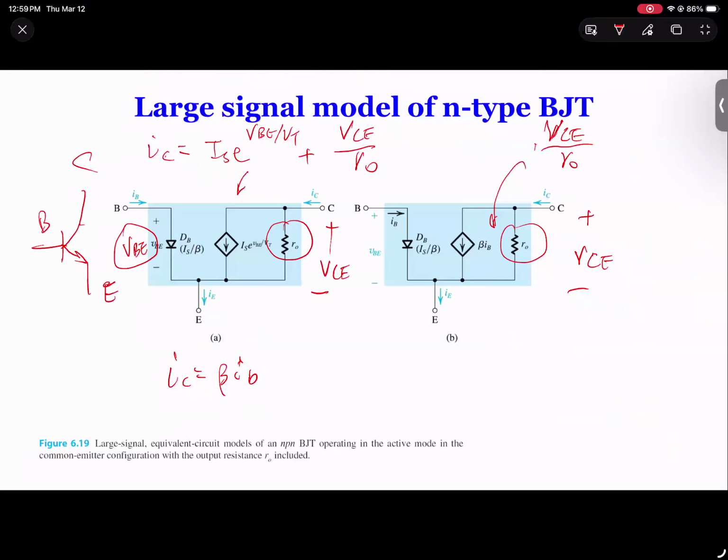On the left-hand side, we apply VBE and measure IC. On the right-hand diagram, we inject IB and we can measure IC as well. Of course, IB and VBE are related anyway, so it doesn't matter.